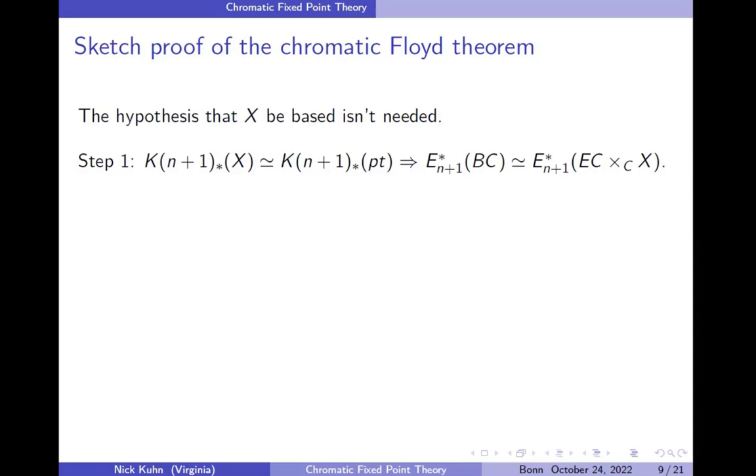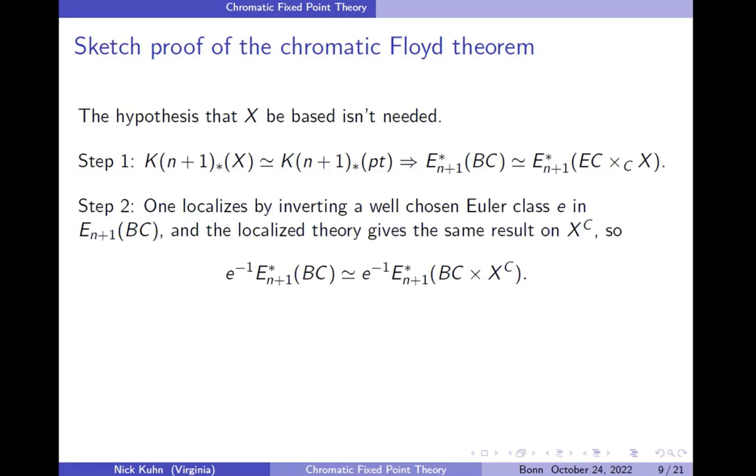Then you do something that is done in these modern proofs of classic Smith theory, which is you localize. One of the points about these complex-oriented theories is that you can calculate a complex-oriented theory on the classifying space of a cyclic group, which has a nice description in terms of formal group law theory. So you invert an Euler class.